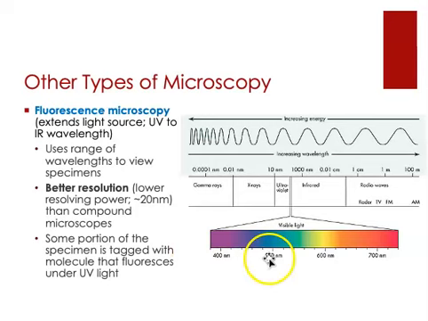Now, visible light is the type of light that ranges from about 400 nanometers to about 700 nanometers in wavelength. I want you to notice that this spectrum of light, this visible light range, falls right here, in this big spectrum of other types of electromagnetic radiation.